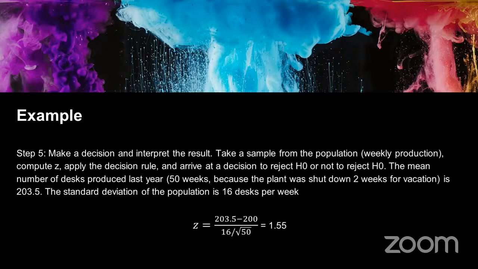Take a sample from the population, compute z, apply the decision rule, and arrive at a decision to reject H sub 0 or to not reject H sub 0. The mean number of desks produced last year, 50 weeks because the plant was shut down for 2 weeks for vacation, is 203.5. The standard deviation of the population is 16 desks per week, and the formula is written as below.